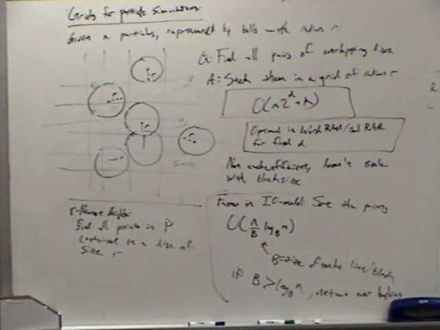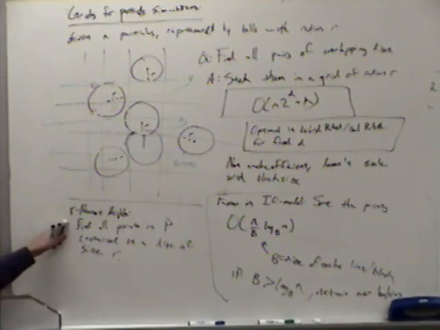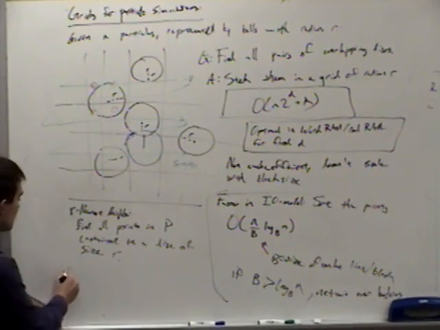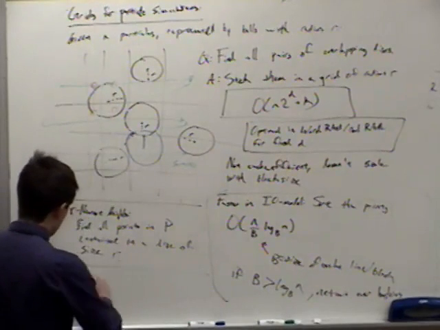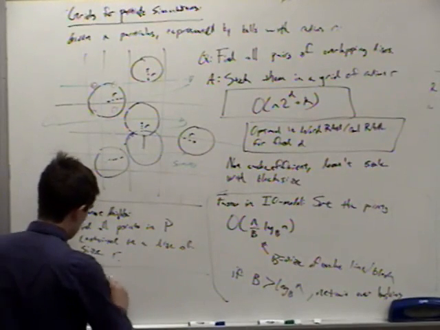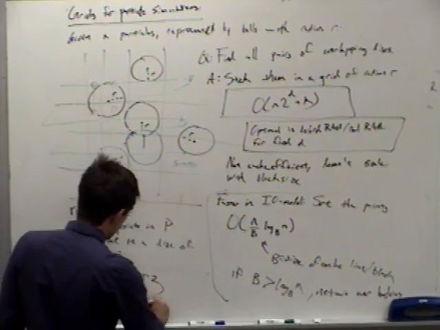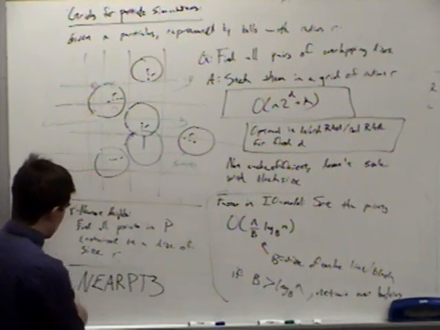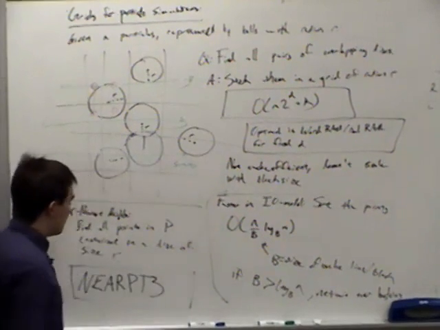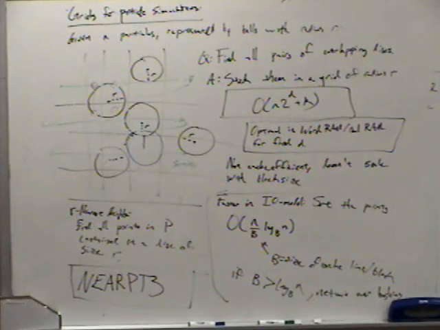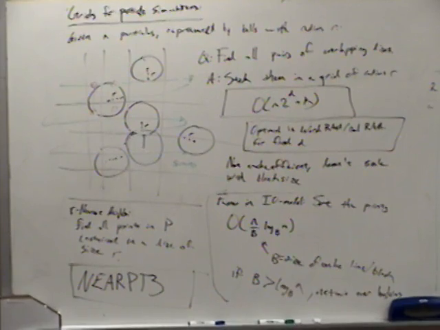As far as I know, for most 3D applications, this is actually what people tend to use. There's a system called near point 3, the fastest practical industrial grade 3D closest point algorithm. There are problems with this, though.